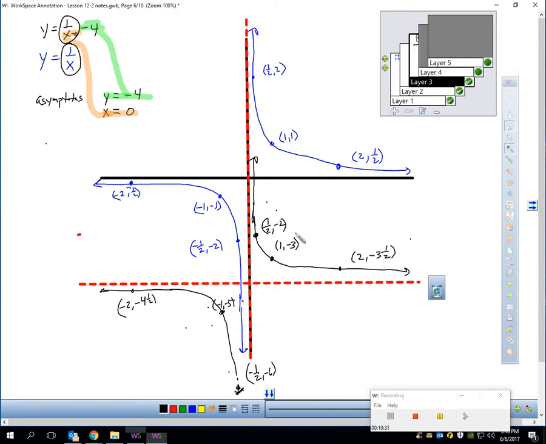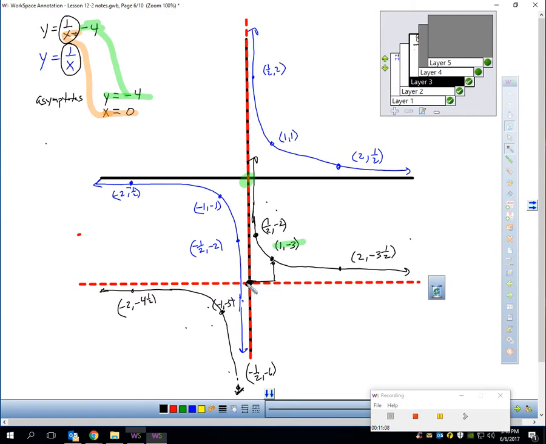Now, I can't just do what I did before. You notice these asymptotes do not cross at the origin. The origin is up here. Let me highlight it. The origin is here. This is not the origin. So I can't just change the signs over like I did on the last one. But here's what you can do that might help you. Okay? Do you notice this point is 1 unit right and 1 unit above this asymptote.